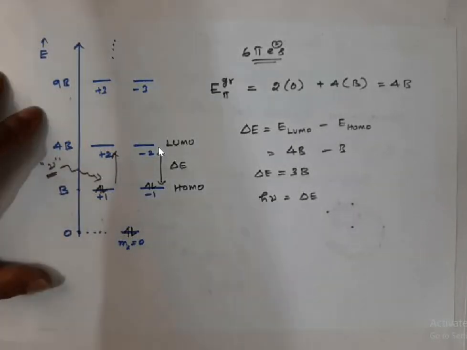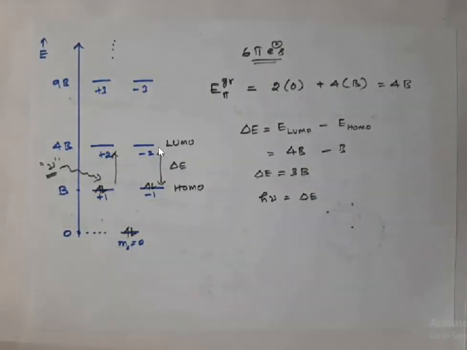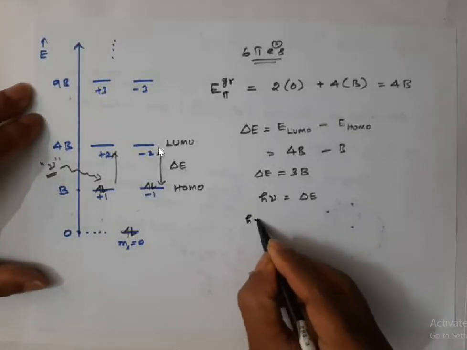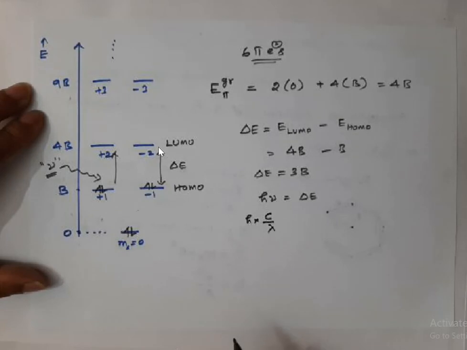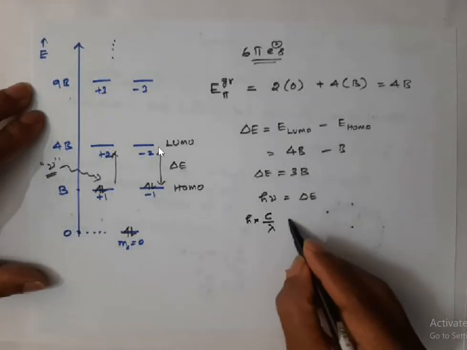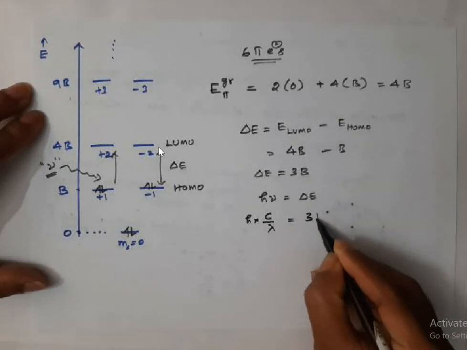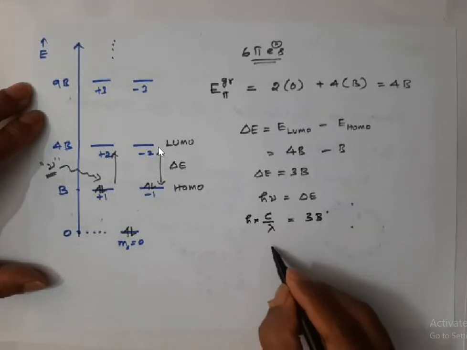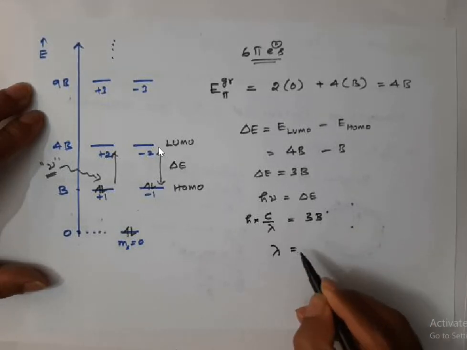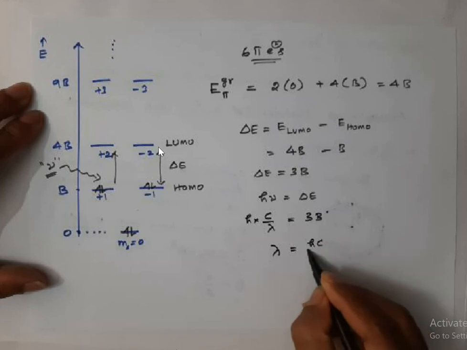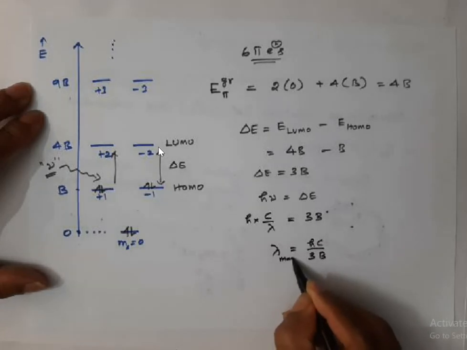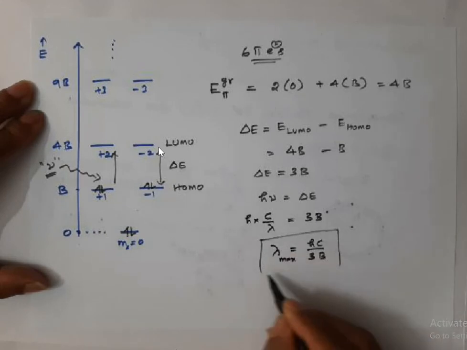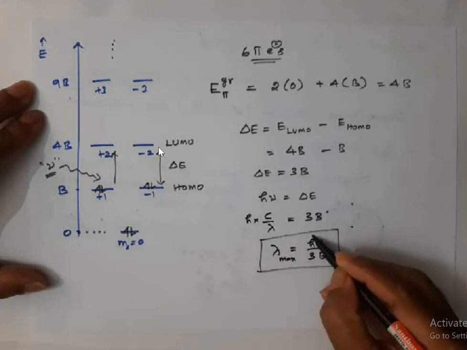You know very well that h times frequency, h nu, is h c by lambda, and delta E is equal to 3B here, so I can write lambda equal to hc by 3B. This is lambda max. h and c are constants.